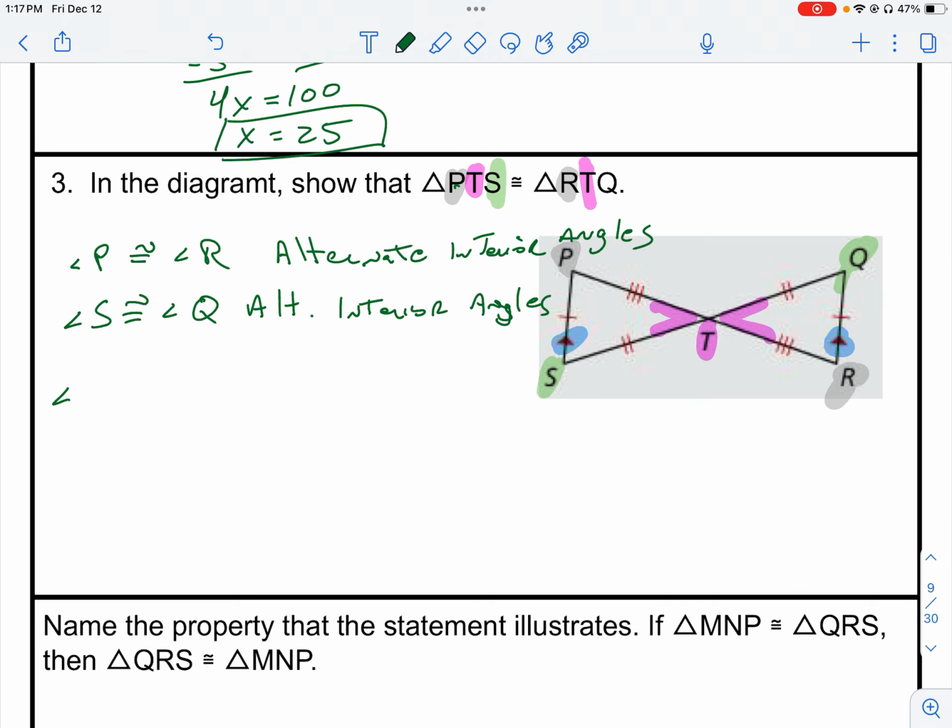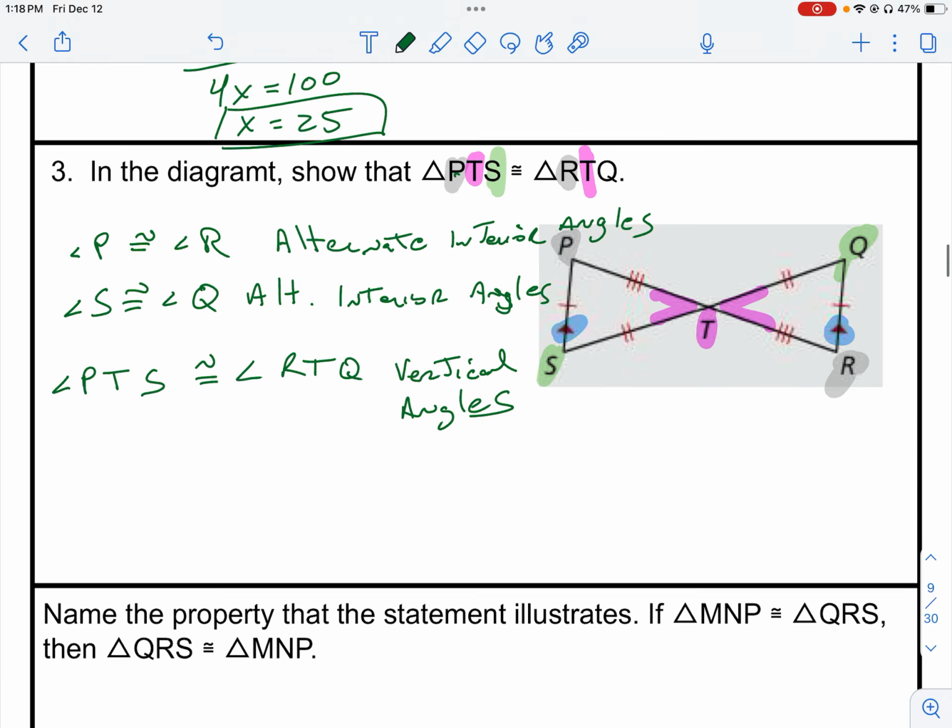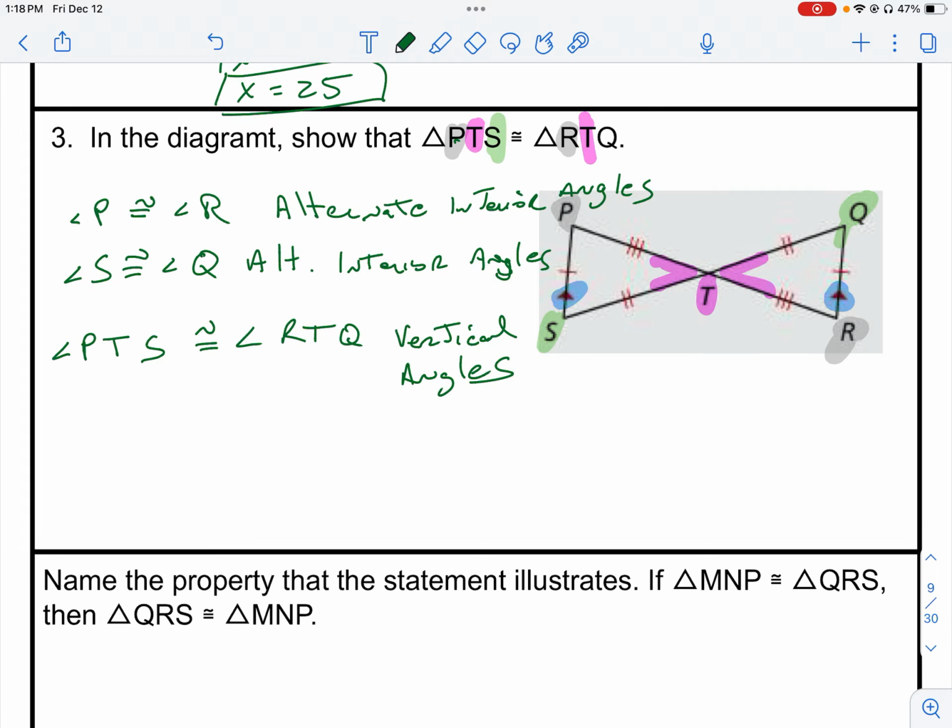And then the last thing is angle PTS is congruent to angle RTQ because they're across the X from each other, so that makes them vertical angles from many, many lessons ago.